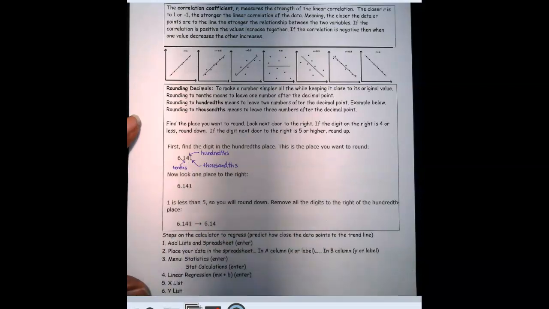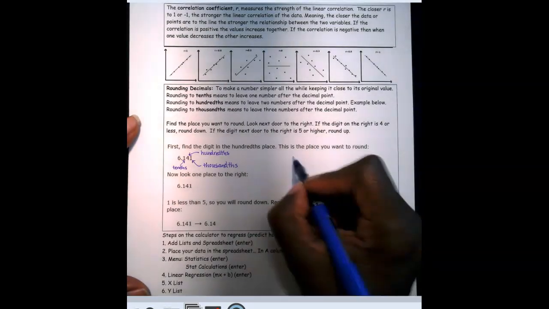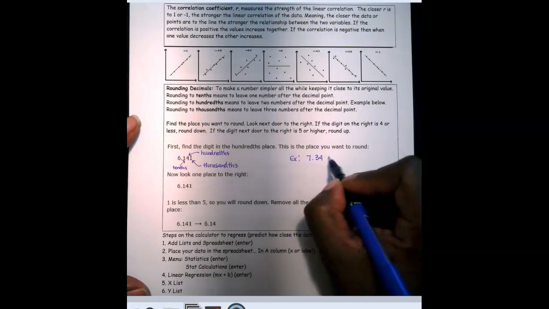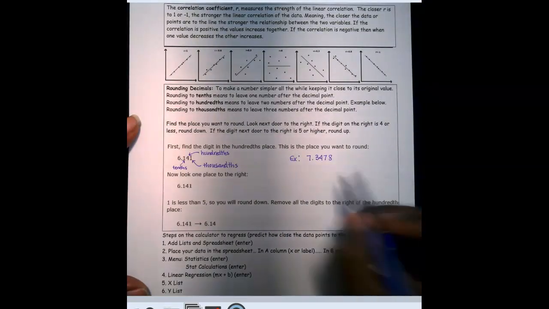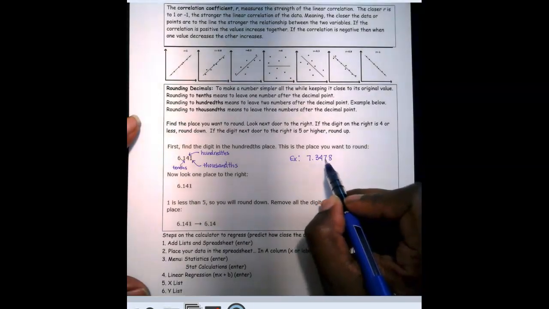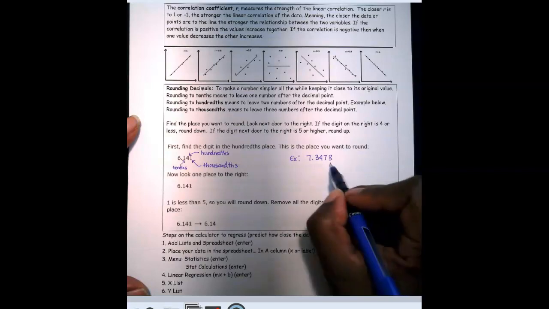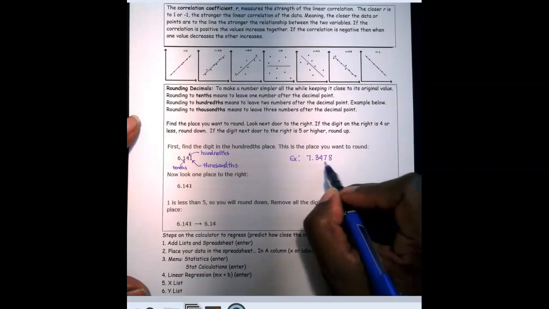Now, in a lot of these, you're going to have to round to the thousandths. So let's just put an example here of rounding to the thousandths. So say if I had 7.34778. Now remember, this is the tenths place, the hundredths place, the thousandths place, and this is the 10,000ths place. So I'm going to use this number to round this number.